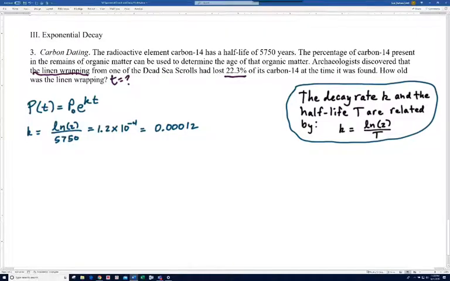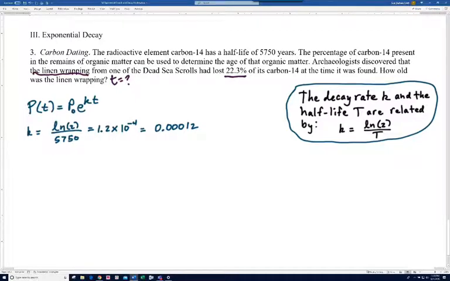It lost 22.3% basically of its original amount of carbon-14. That's what we would call P naught. So the thing about it is, if it lost 22.3% of its carbon-14, that means that only 77.7% is left. Just subtract from 100.